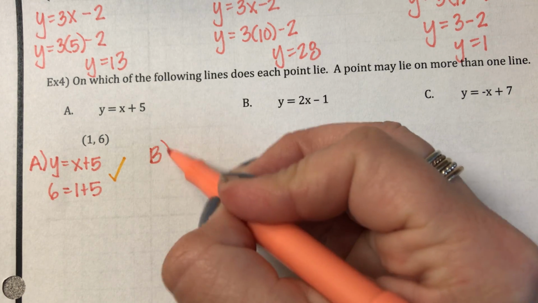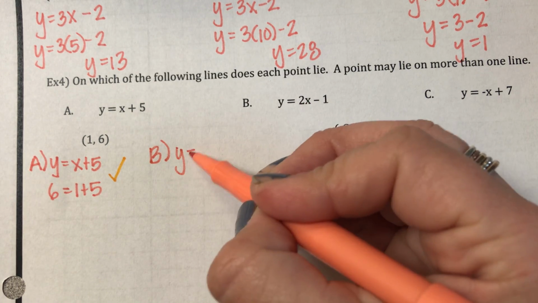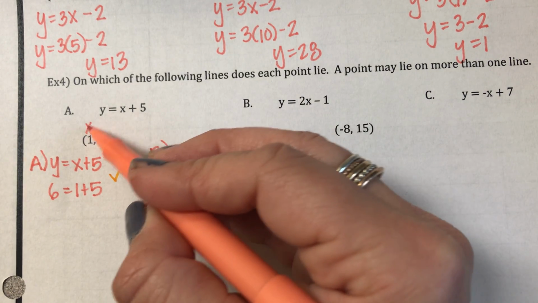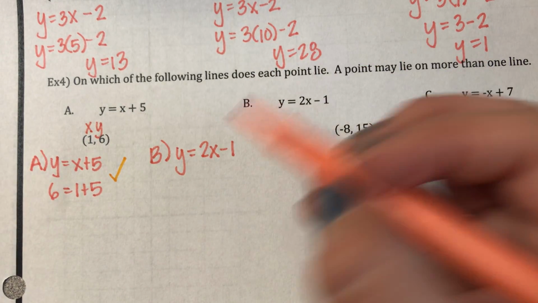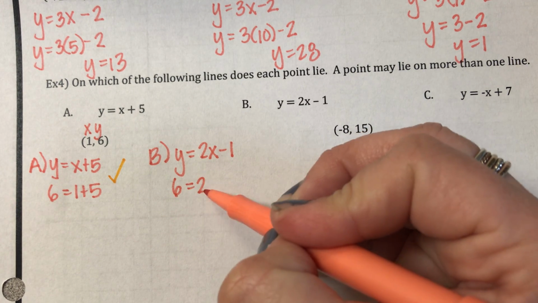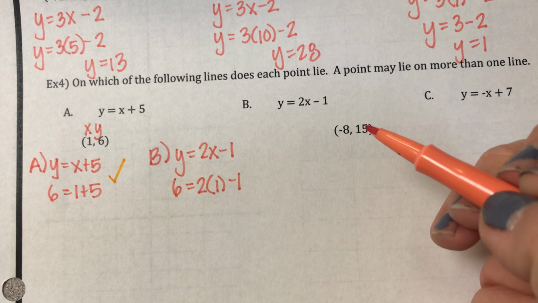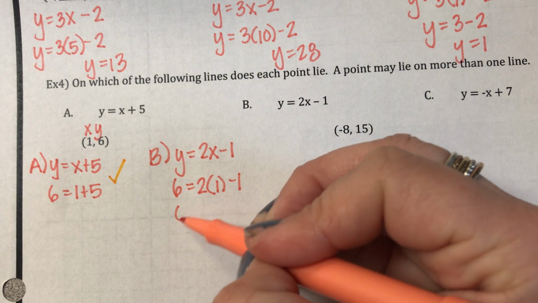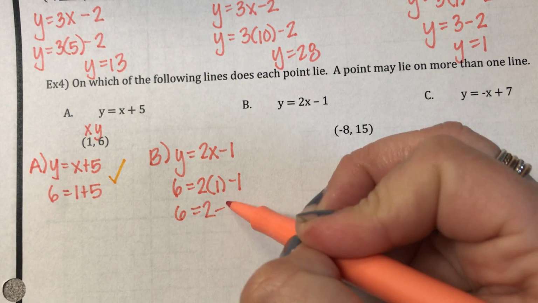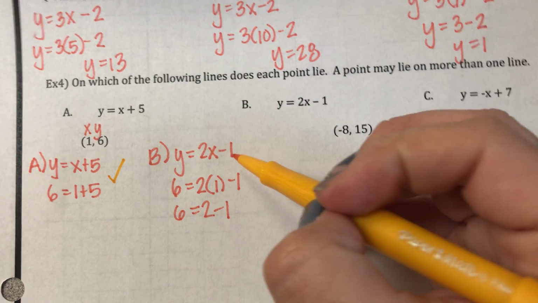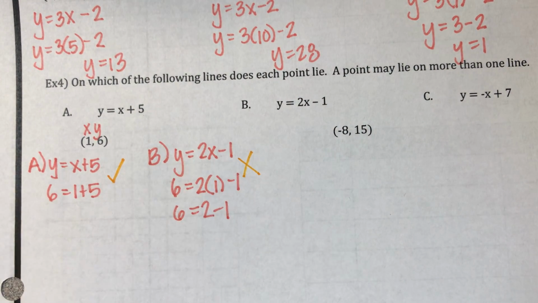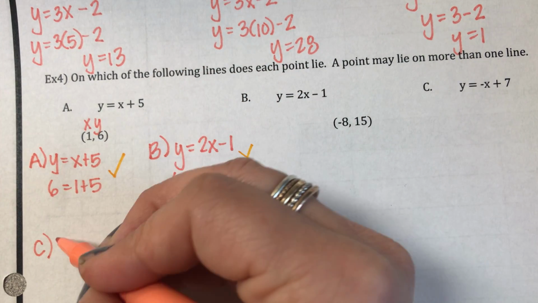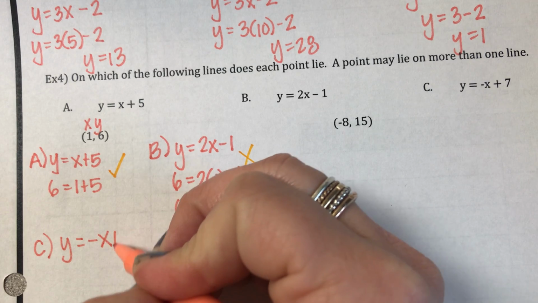Okay, let's plug in B. For B, I have y equals 2 times x minus 1. And again, this is my x, this is my y. So does 6 equal 2 times 1 minus 1? Does 6 equal 2 minus 1? No. So it does not work for line B. And then we can check line C, which is y equals negative x plus 7.